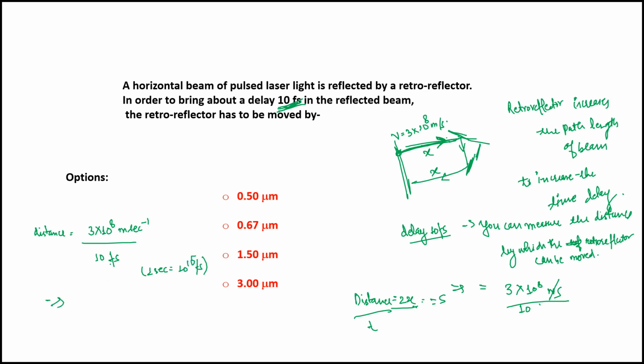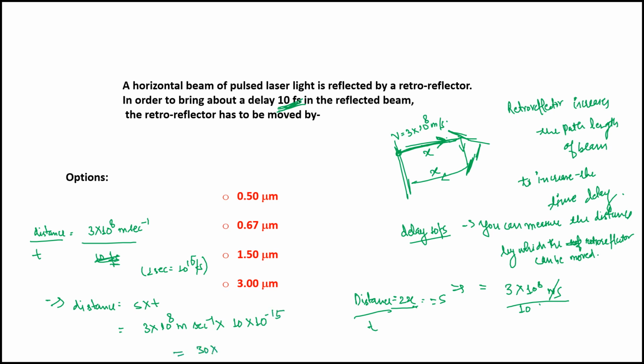So, you have to convert this. Distance upon time is speed, so to find distance, you need to multiply it with time. It is equal to 3 into 10 to the power 8 meter second inverse multiplied by 10 into 10 to the power minus 15.